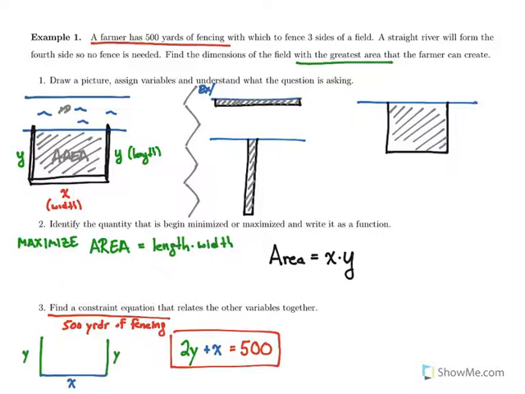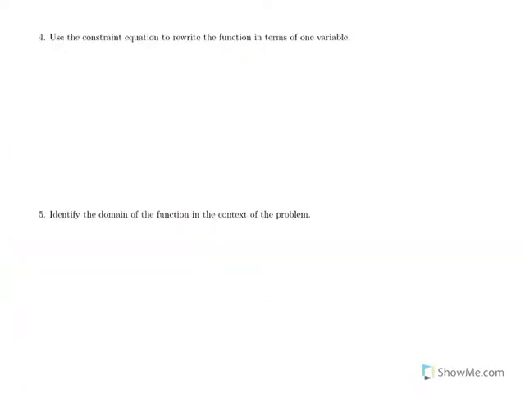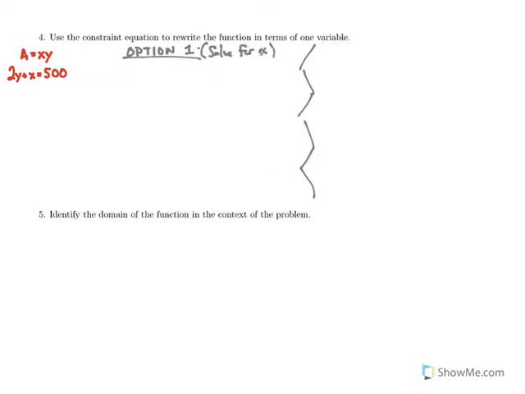All right, so now we are going to use that constraint equation to rewrite area in terms of just x or just y. So let's recall we have area equals x times y, and 2y plus x equals 500. There's going to be one of two options here, and we'll show both in this first problem. So option one, we solve for x.